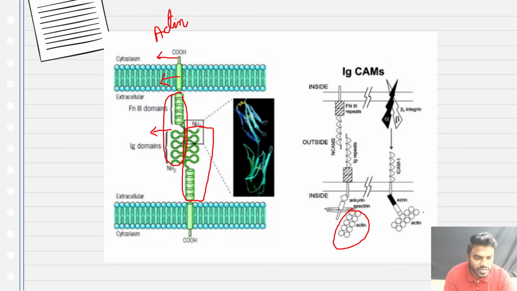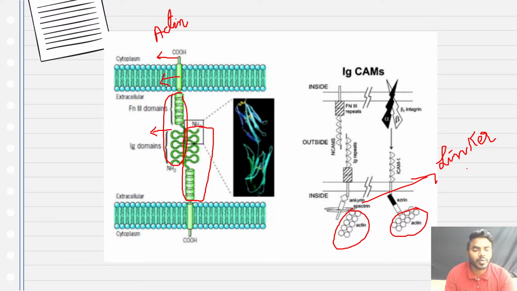You can see they will be associated with the actin filaments with the help of a linker molecule, or listen friends, an adapter molecule.